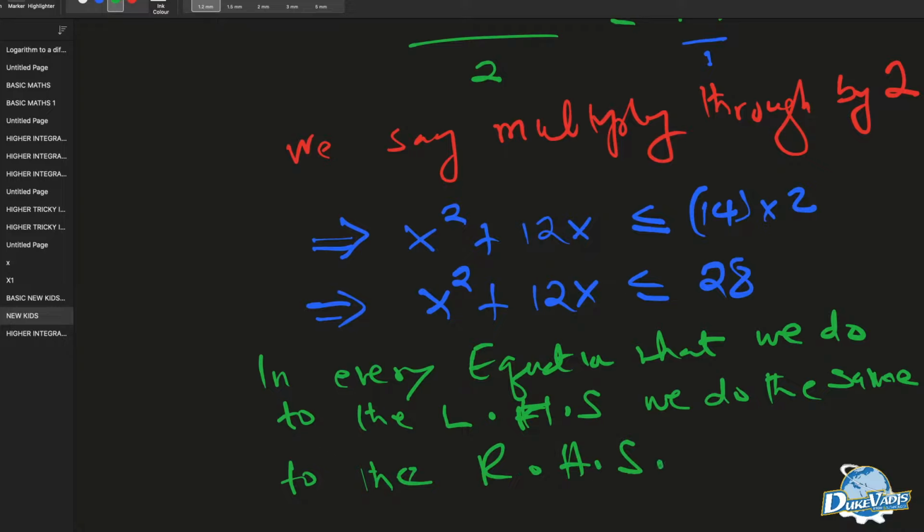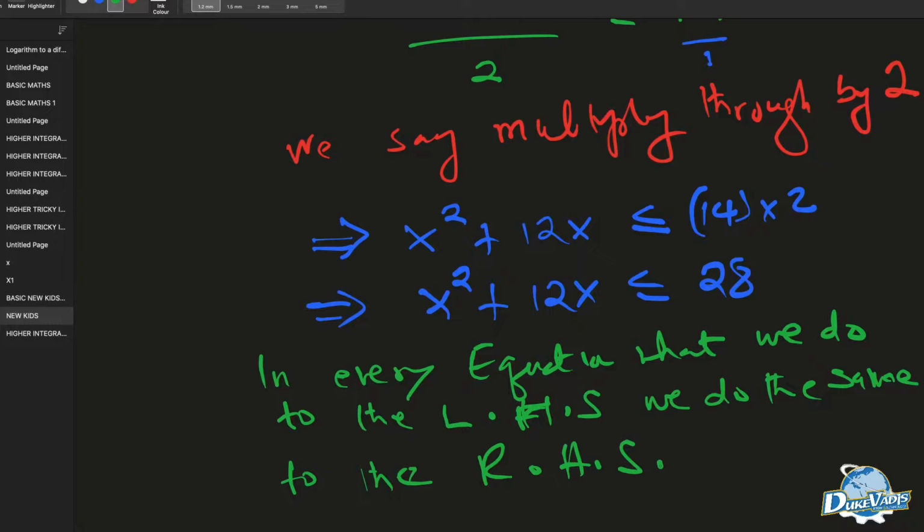Okay, so that means whatever we do to the left hand side, we do the same to the right hand side, so we don't go wrong. So that in a nutshell, the values that we are applying will be equally the same. Okay, so that's what we are going to do.